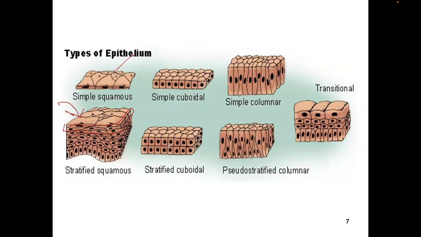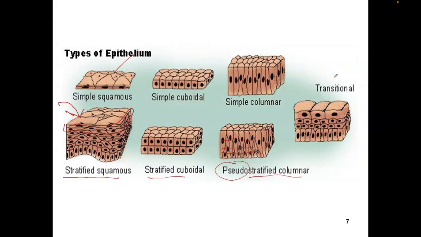So it's stratified squamous. Here, it's more than one layer of cubes, so stratified cuboidal. This is stratified squamous. And now here, these are columnar, and the nuclei are at different levels, but it's still one cell layer thick, so it's pseudo stratified columnar.